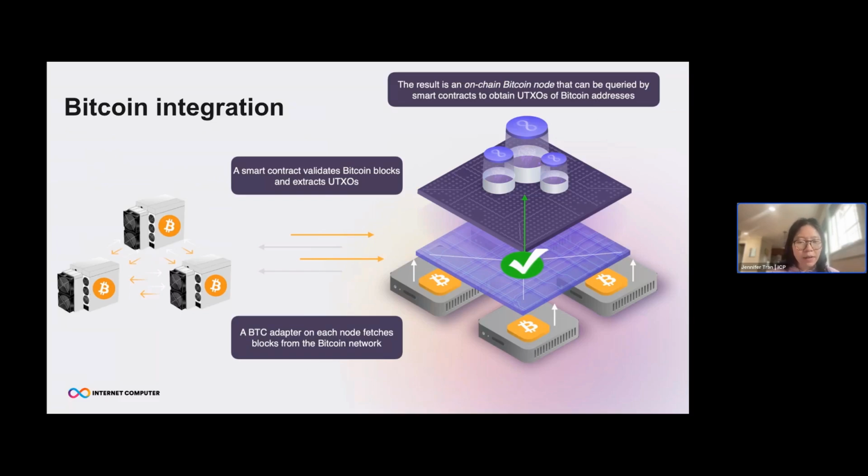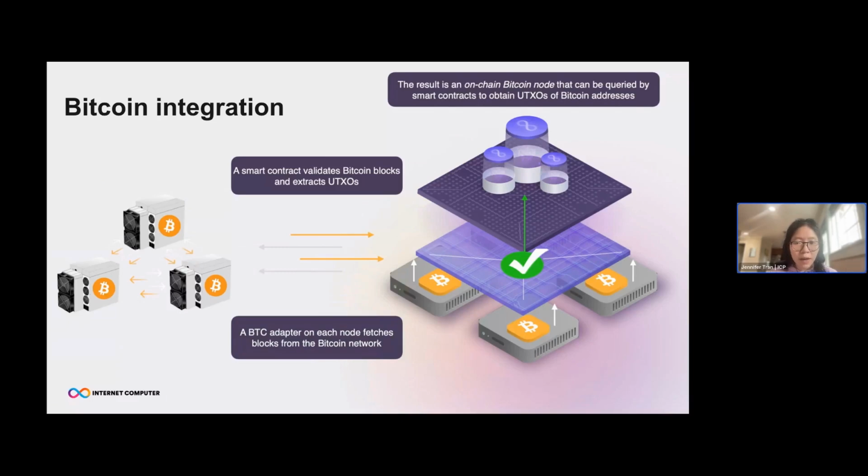Within this Bitcoin subnet, there is a Bitcoin canister smart contract that teams can interact with. This smart contract uses HTTPS outcalls to fetch blocks from the Bitcoin network, and all of the other smart contracts can query it to get the information.